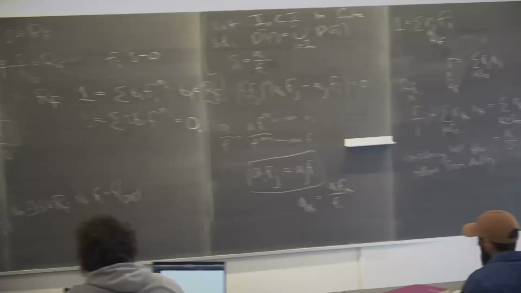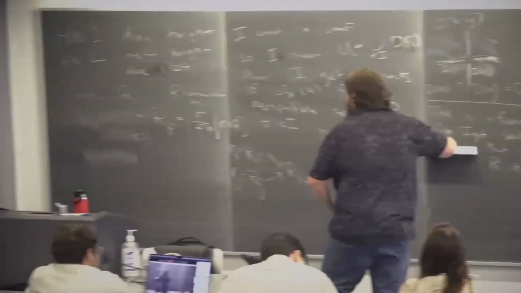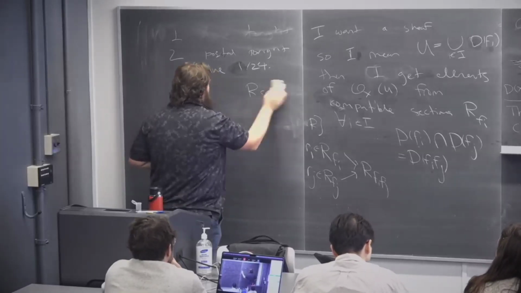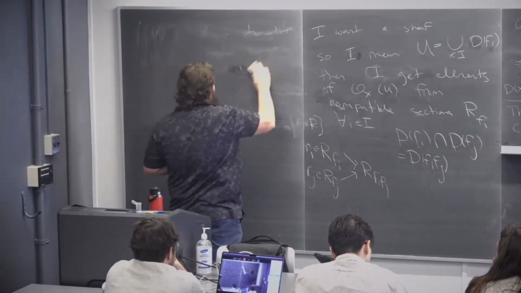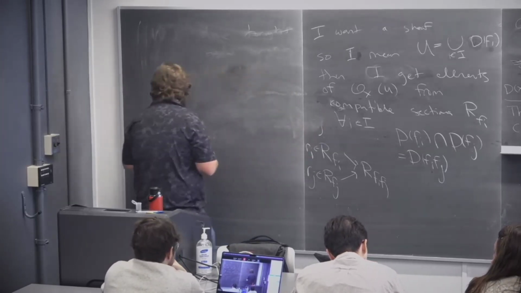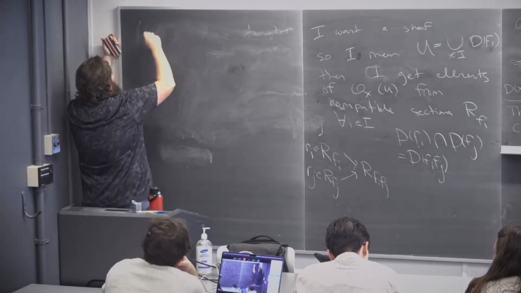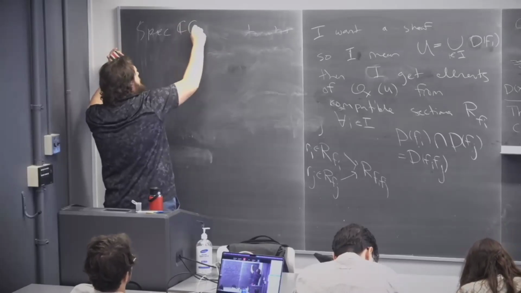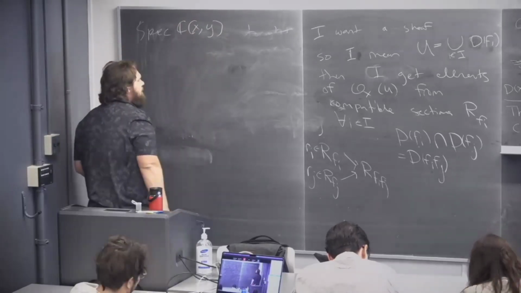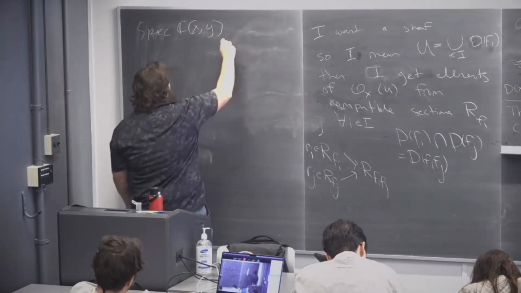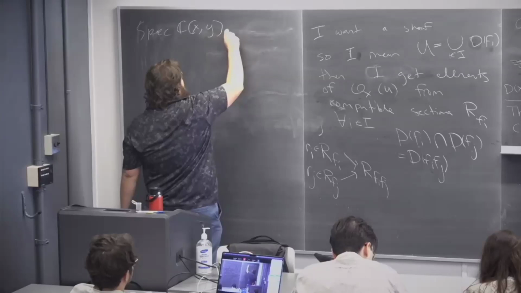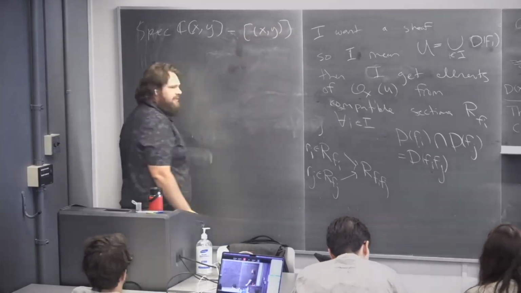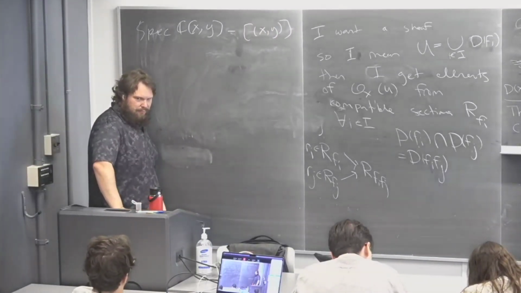Let me just do a couple of examples since I have a little bit of time left in class. The canonical example of an open set which isn't gotten by inverting one function is if I take Spec of C[x,y] and I remove the origin, which I think of as the maximal ideal generated by x and y.